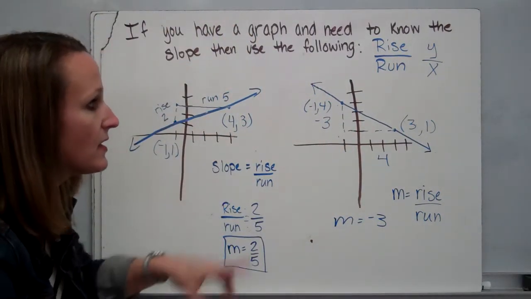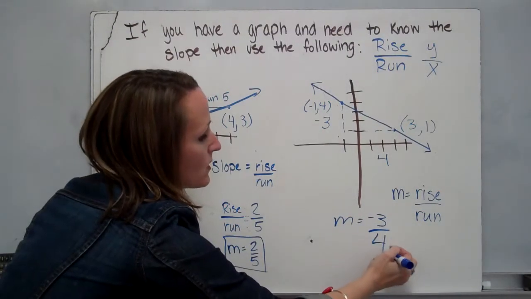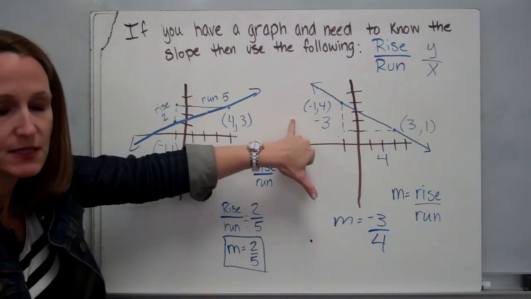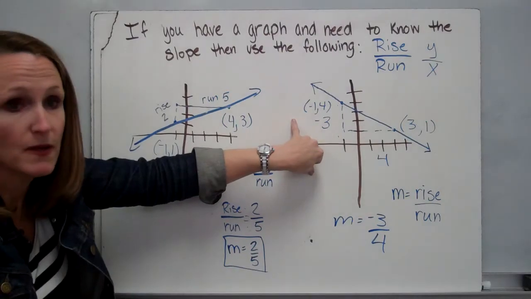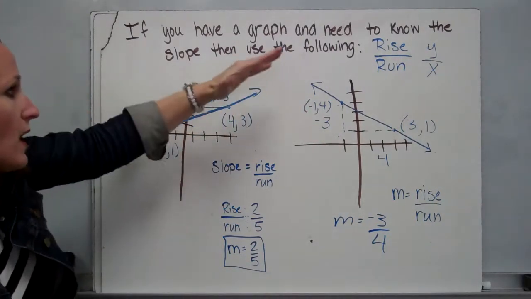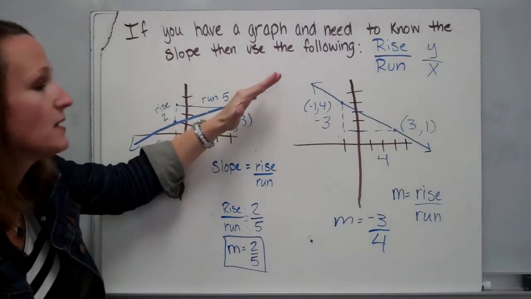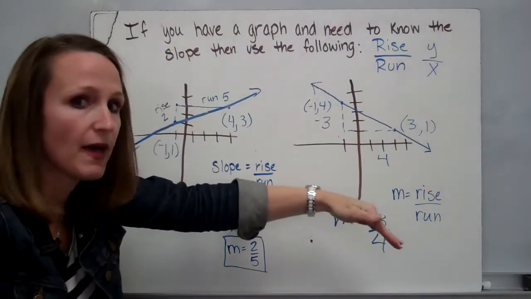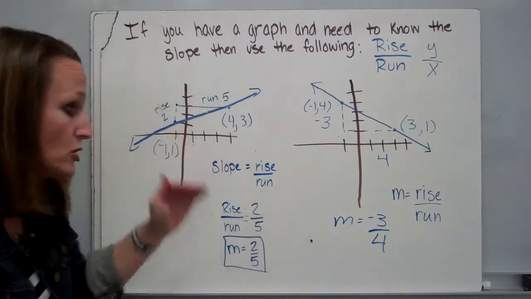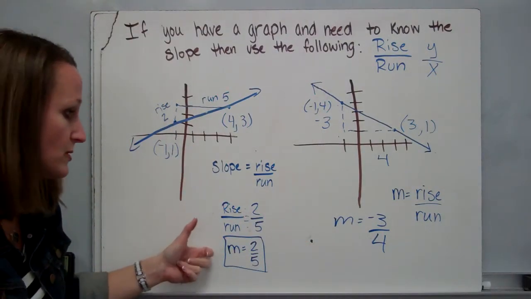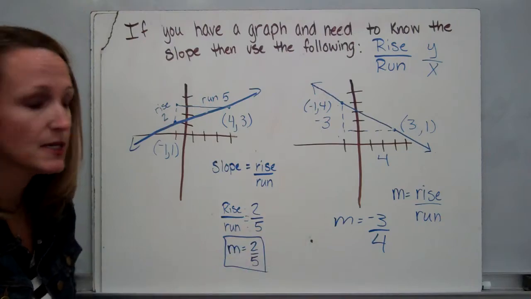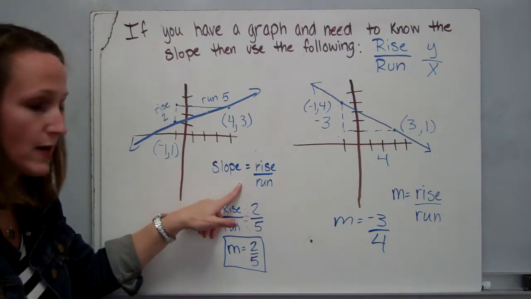That's why it's negative. So for this graph, my slope is -3/4. So again, if it's going up when you look at it from left to right, just like we read, angling this way, your slope is positive. If it's going that way, like you're walking down a mountain, your slope is negative. Slope is abbreviated by m, and it is your rise over run.